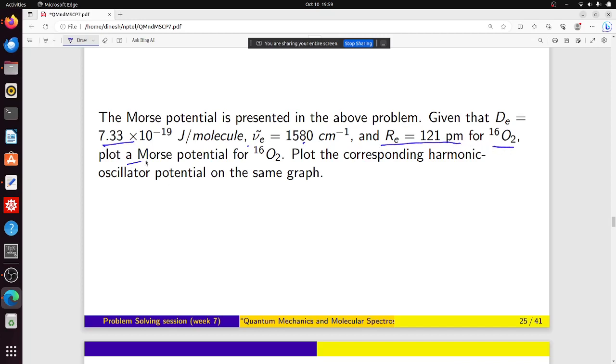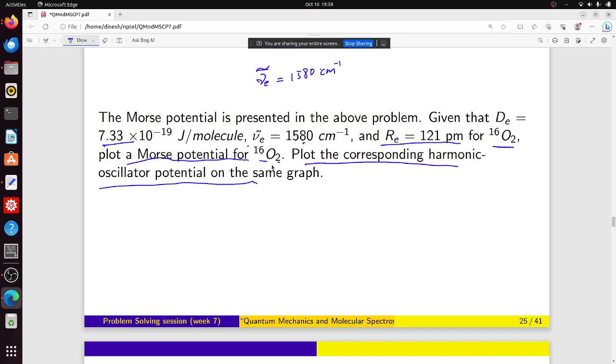Then plot the Morse potential for the oxygen molecule and also plot the corresponding harmonic oscillator potential on the same graph. What is given? The transition line nu E tilde is given to be 1580 centimeter inverse.